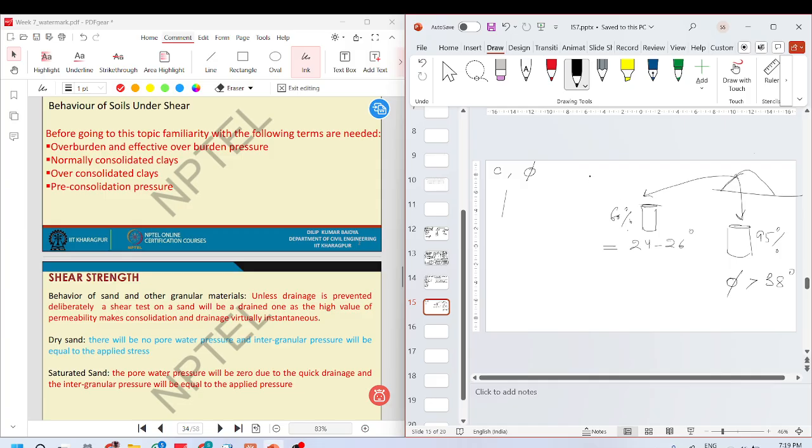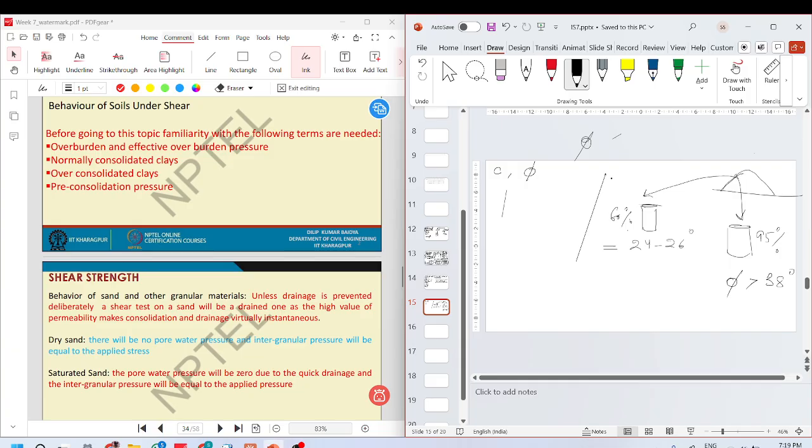But if we talk about different kinds of soils, gravels have higher phi values. They have more than 42, even 45 degree because they have greater interlocking. And then within the gravels also, it will depend on the shape, angularity, or the denseness of the material.